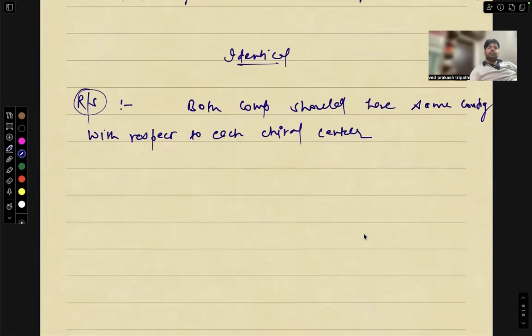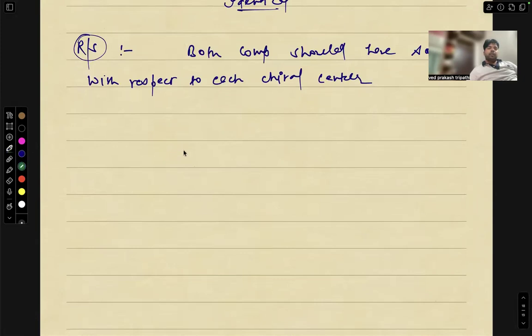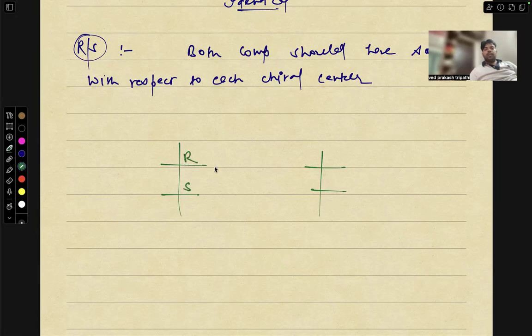For example, suppose this is the multiple chiral center, and I am saying here the top one is R, bottom one is S. So this to this chiral center should have the same, it means this also R and this one S. So it should be the same with respect to each chiral center. So this kind of relationship is known as identical.